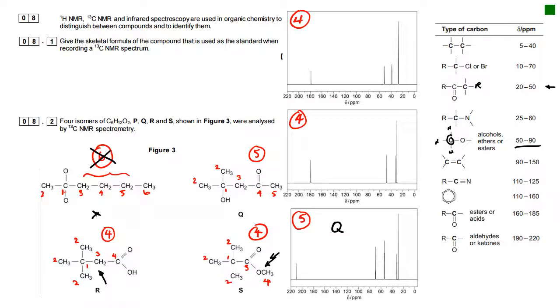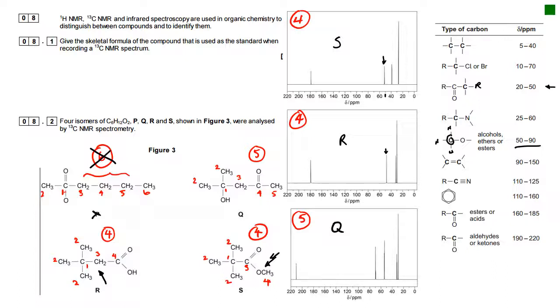Looking at the top one, it's just 50 here, and so that is our peak that we're looking for. This peak here is just below 50, and so that tells me that this is S, and therefore this must be R.